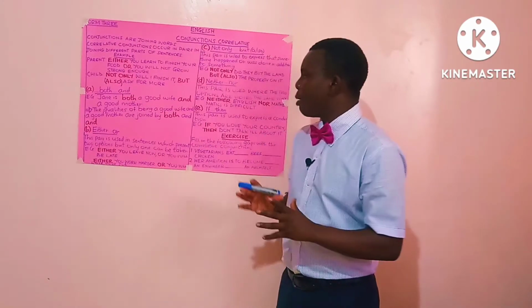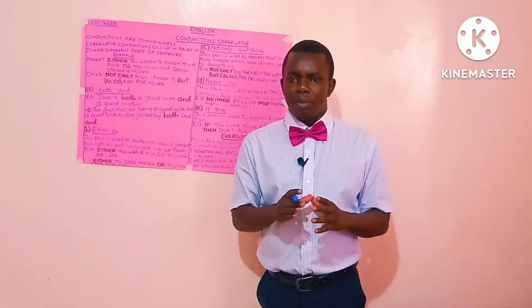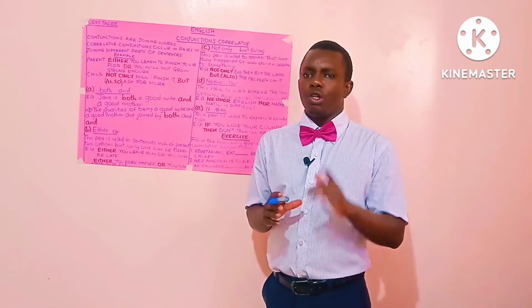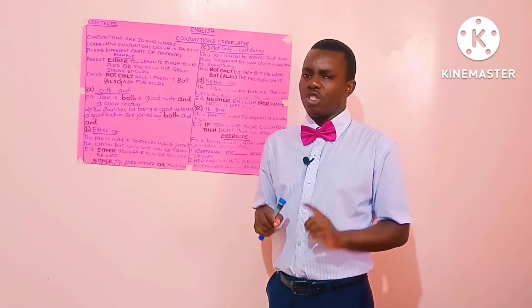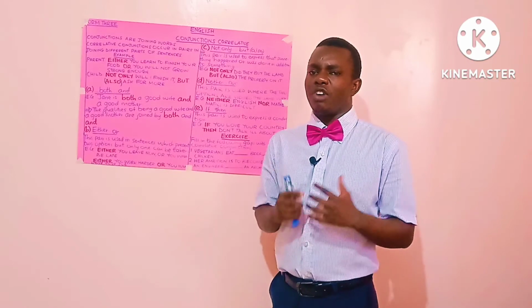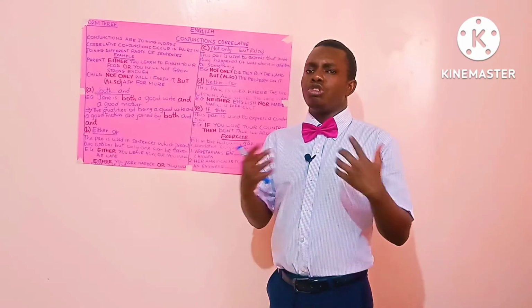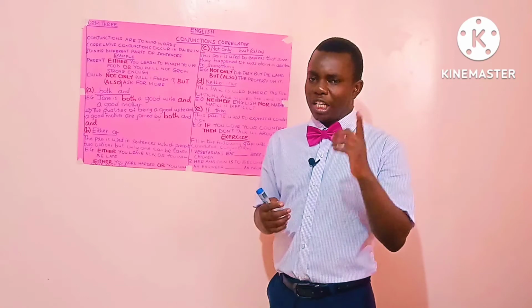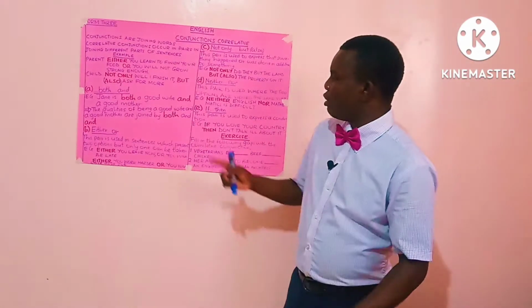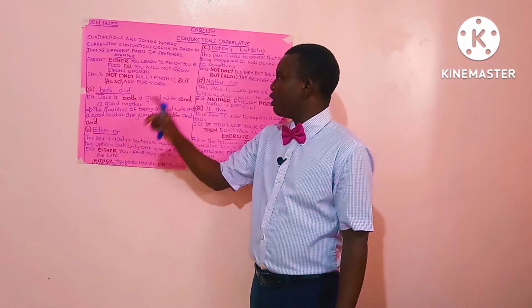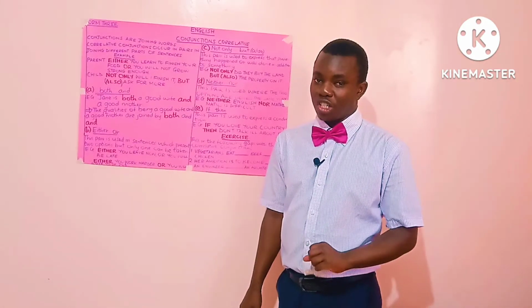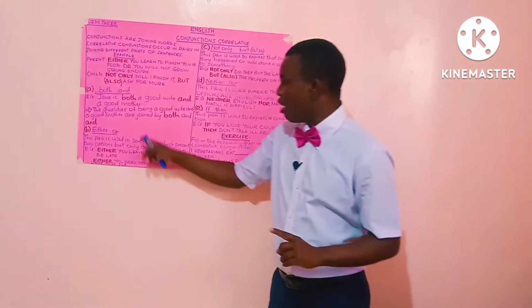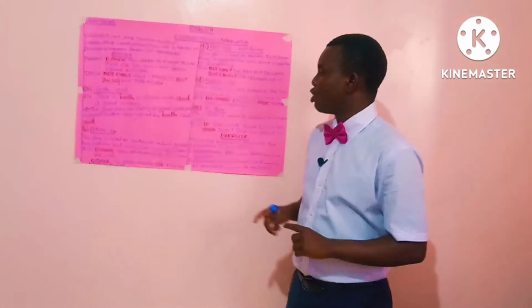So you can come up with other examples of how we can use both and as correlative conjunctions in joining different parts of a sentence to show additional information. Very fast, let us move to the second pair of correlative conjunctions. And this pair, we have either or.